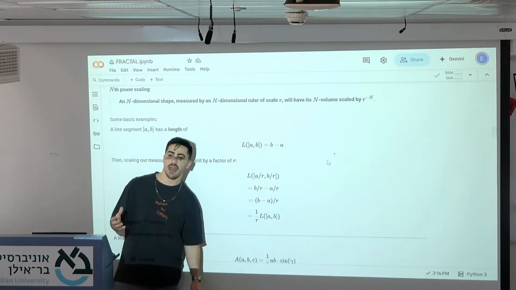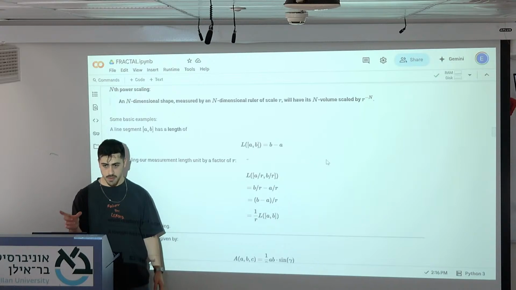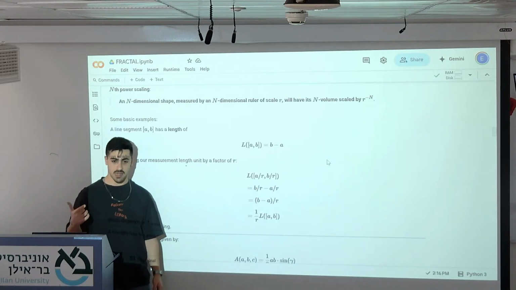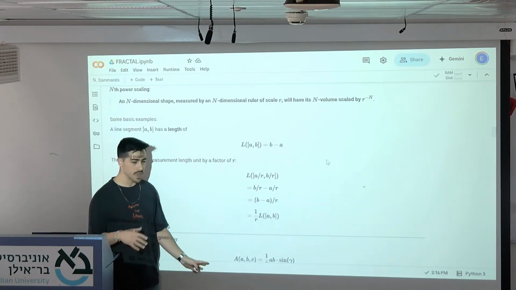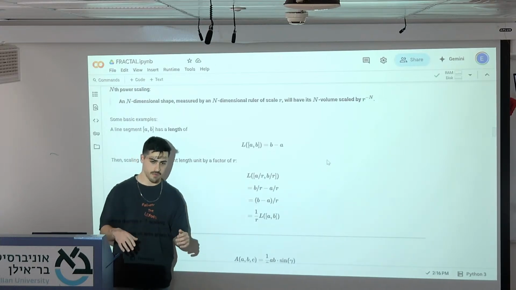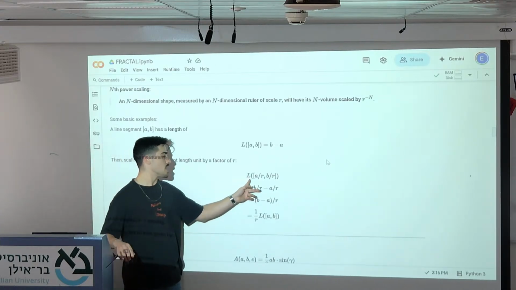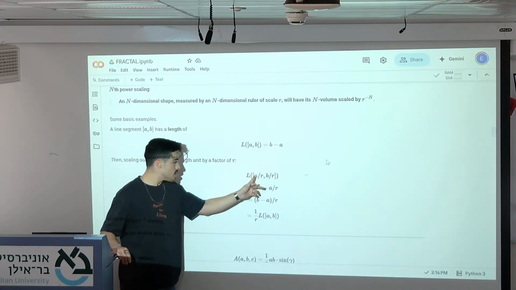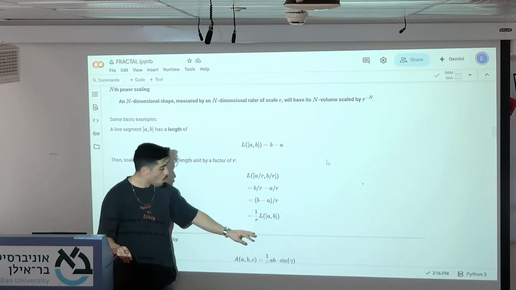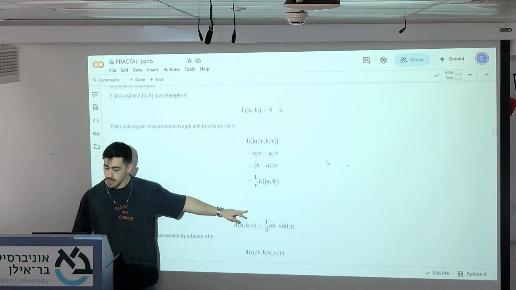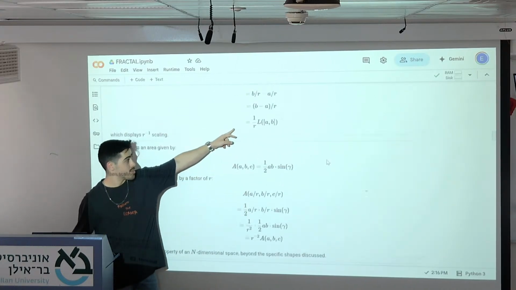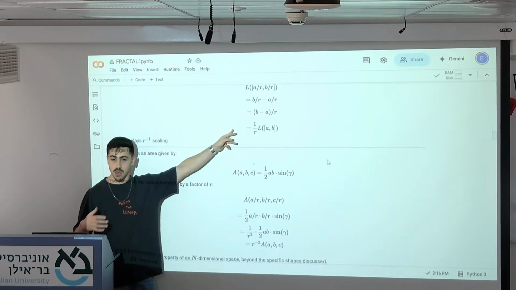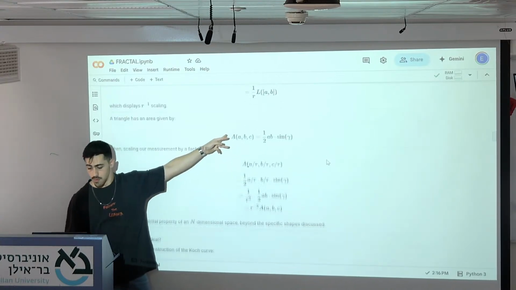You can imagine that if I have a line segment from 3 to 5, then now it's from 6 to 10, if I halve my base units, right? So for the length, we substitute a/r and b/r, and we just get 1/r times the original length, okay? So this follows the 1-dimensional version of this rule.